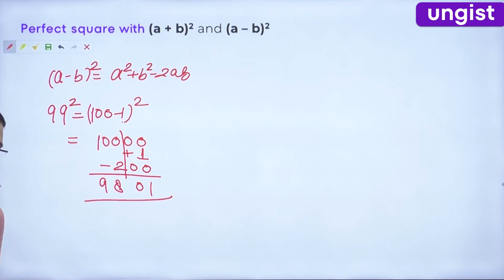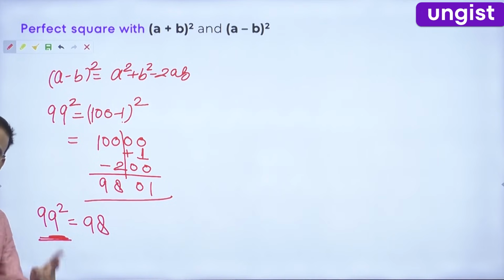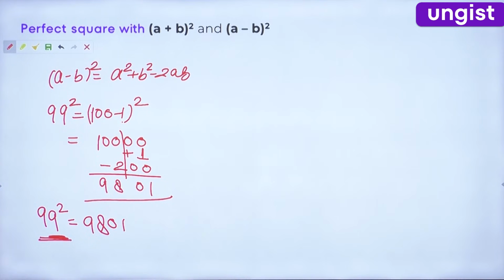Correct, guys? So what is the process? All of you here, just look at the board. This number is 1 less than 100. So subtract 1 from this number. This will become 98. And the square of 1 will give you the last 2 digits, so that will be written as 01.